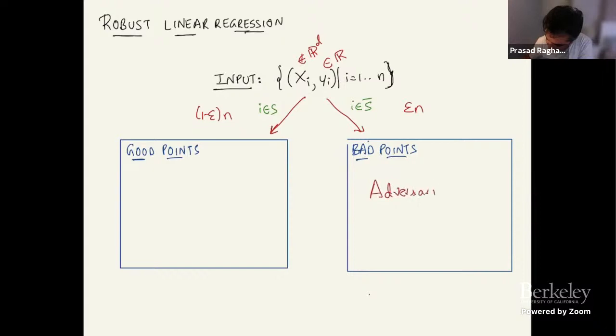And the good points have the following setup, which is a natural setup for linear regression.